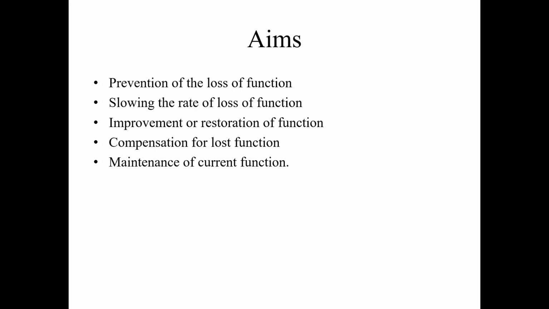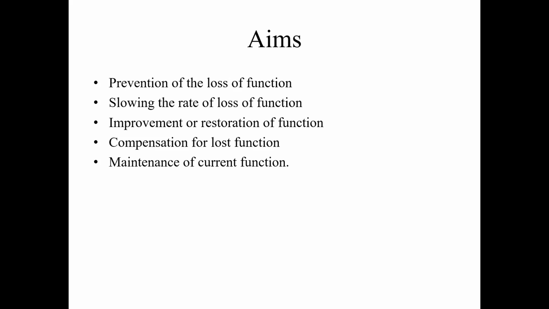Second, certain deformities we may not be able to prevent, so we may be able to slow down the deformity. Is that clear? Certain problems are there. If the particular patient has that problem, it will definitely end up in that deformity. But as a PT, we may be able to delay the process of losing the function. So that is our second aim.